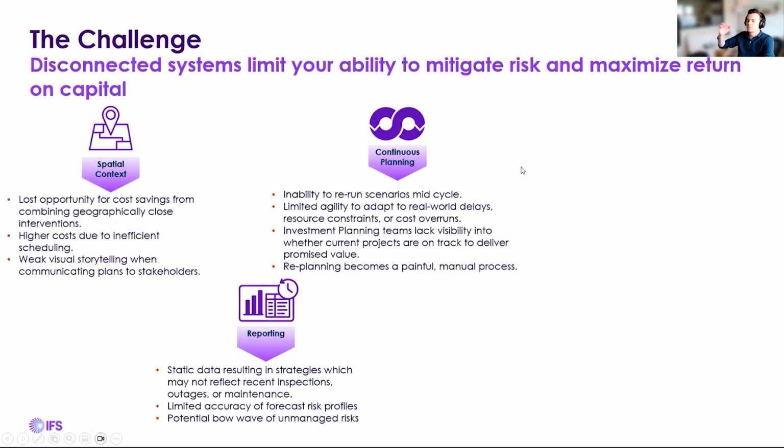There's then the challenge of enabling the continuous planning process, limited ability to rerun scenarios. It can very commonly be aspirational to want to be re-optimizing monthly, quarterly, but in reality, whenever this has been done manually, it might be a yearly or a 2-yearly exercise, becoming a sort of painful manual process.